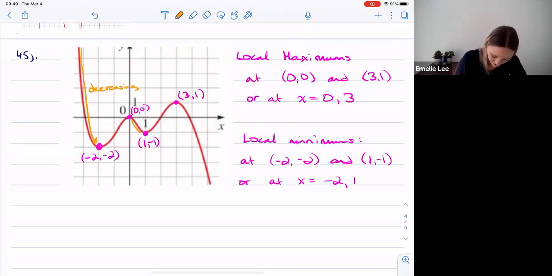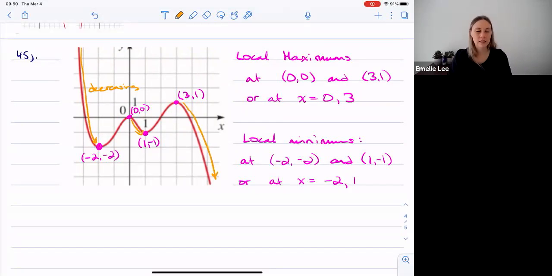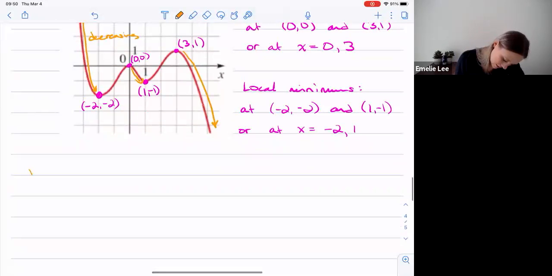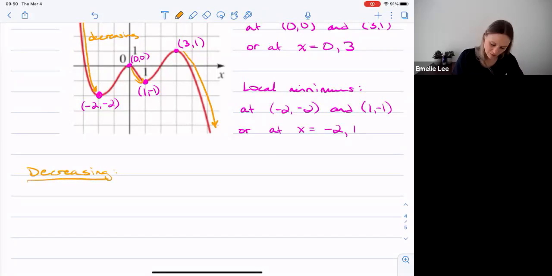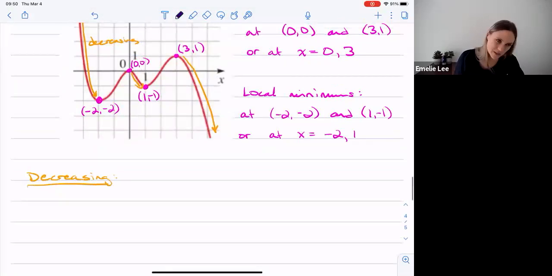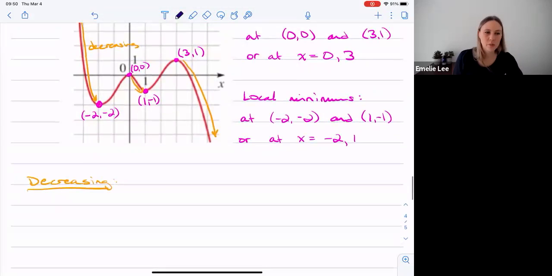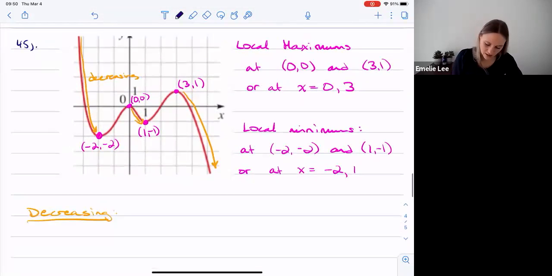And I'm just going to pick up all the regions where we're going to be decreasing here. There's 3 actually. Decreasing. And maybe I'll use a blue again because it's hard to see the orange. But so we're going to be decreasing.